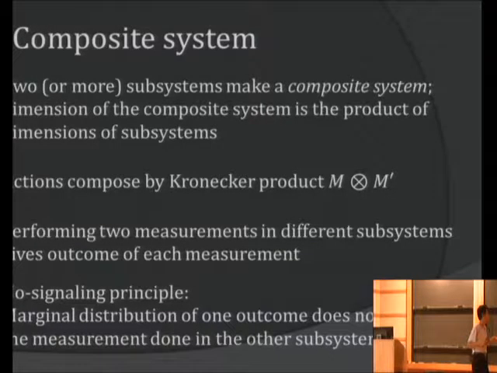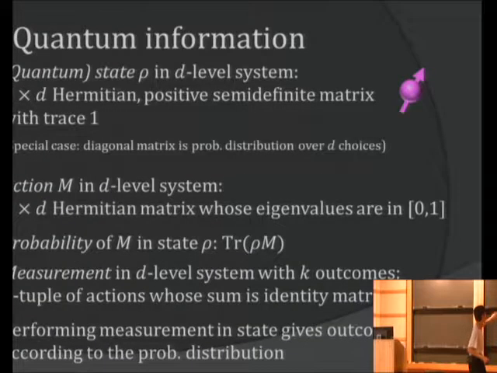But the joint distribution can have some correlation depending on your state. I forgot to say this part. A quantum state is a certain matrix, and a special case is a diagonal matrix, which is a probability distribution.